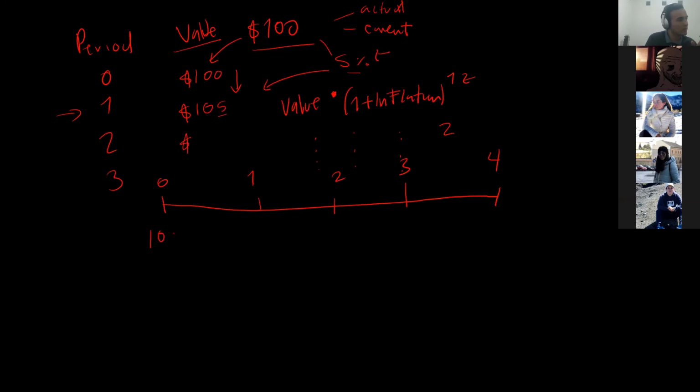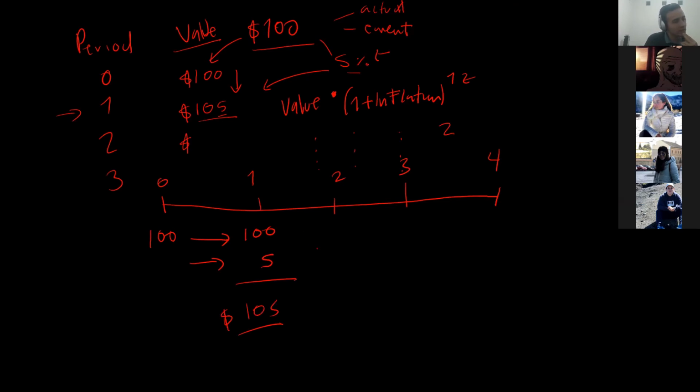You have 100 pesos here. And if you move 100 pesos to the next one, you will have 100 pesos, which is this one, and you will need to add 5 pesos, which is inflation. So if you add these two, you have 105, right? This number is this number.